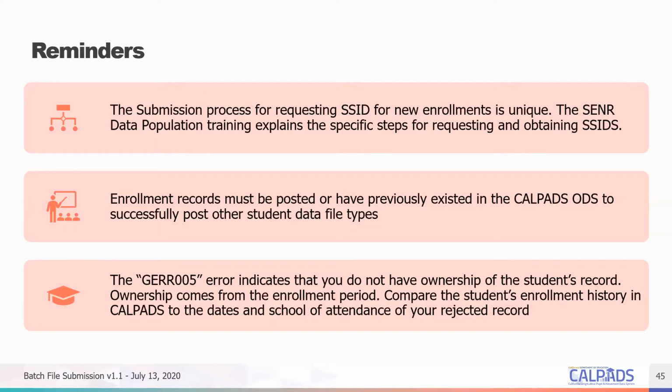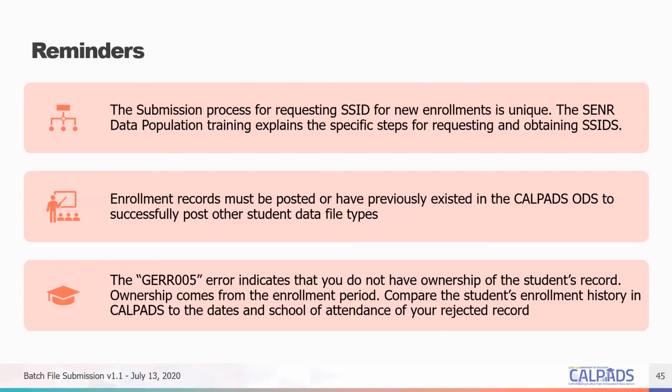Just some reminders, first order of business. You should know that the submission process for requesting SSIDs for new enrollments is unique. The SENR data population training explains the specific steps for requesting and obtaining SSIDs. So if you are new to CalPADS and you understand how to submit a batch file, please note that the one file type, the SENR, that is used to obtain SSIDs or to request new system-generated SSIDs for students who have never enrolled in CalPADS was not covered.